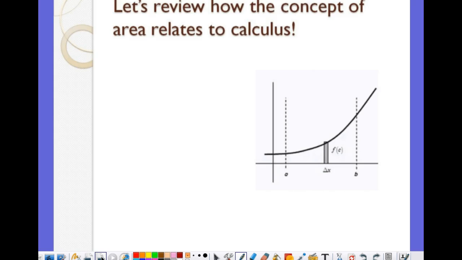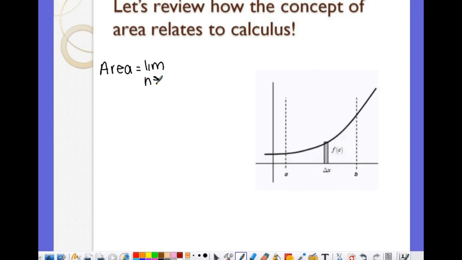And we said that the area was actually a limit and that limit was actually an integral. So let's go back and reiterate what that limit and integral were. The very first concepts we talked about with area in integration was that you had the limit as n, where n represented the number of subintervals, was approaching what?